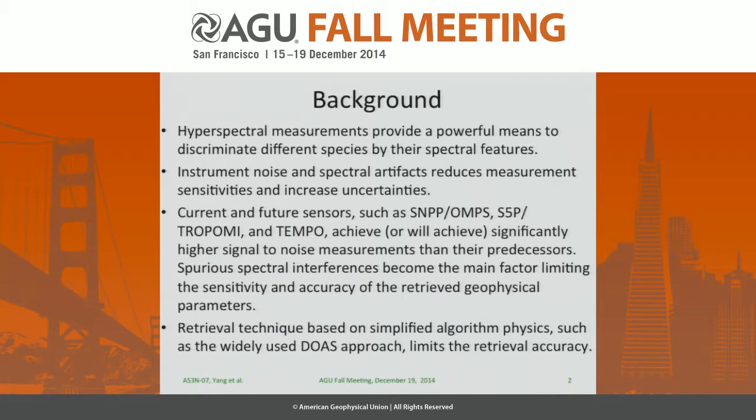There's some background: we have hyperspectral UV instruments. We can measure lots of different species based on their spectral features. One of the things that degrades the measurement quality is the noise as well as the spectral artifact.